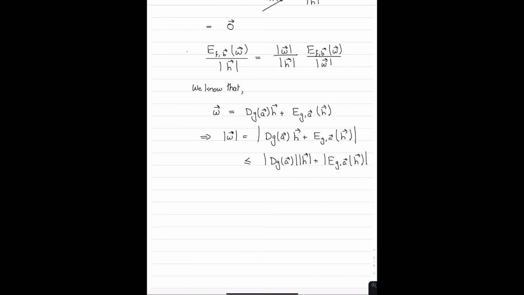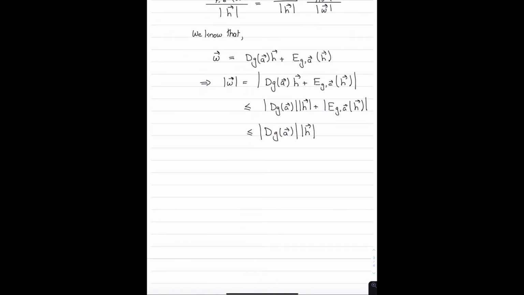And this entire piece itself is less than or equal to just dg of a evaluated at vector h, because remember this is something that is always positive because it's a norm. And dg of a is just a constant. I'm just going to label this constant capital K. So this is equal to capital K times the norm of h.